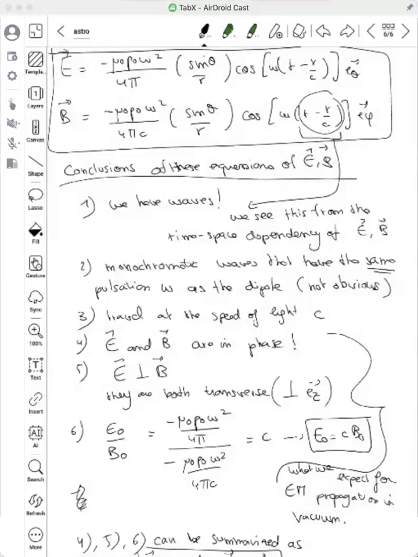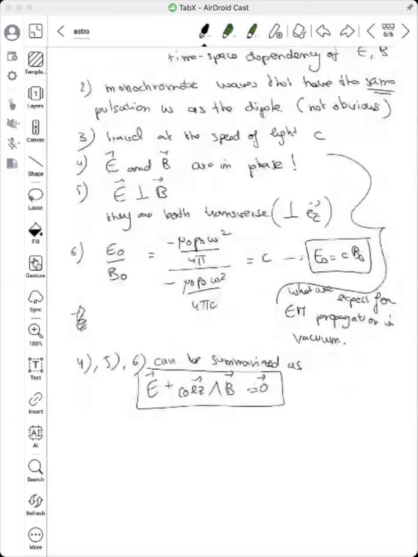These 2 expressions are only true within the 3 approximations that I did, right? Which actually mean, physically speaking, what do they mean, these approximations? They mean that I'm standing very far from the dipole, okay? So let's make a comment.